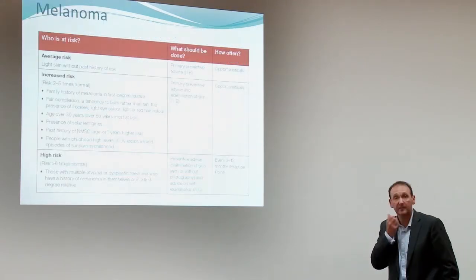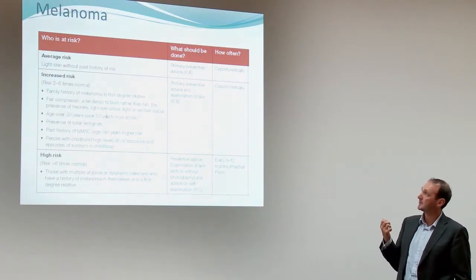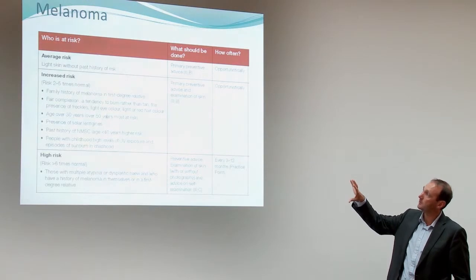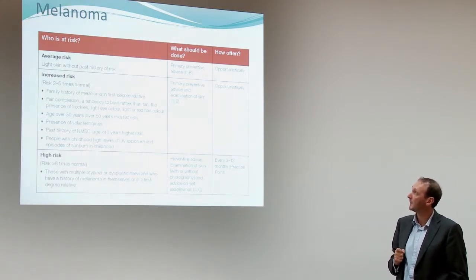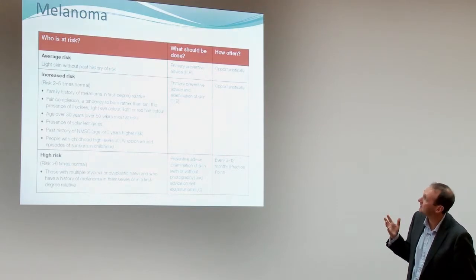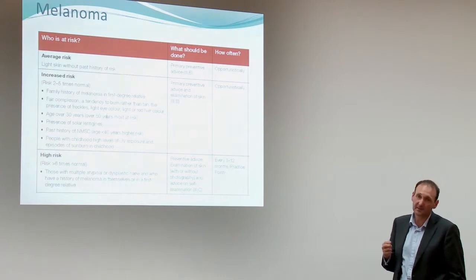These are the criteria for melanoma. So as you'll see, at increased risk in the moderate risk group is just a single first degree relative with melanoma. And again, that's really the advice, of course, is slip, slop, slap, but also an examination of the skin.